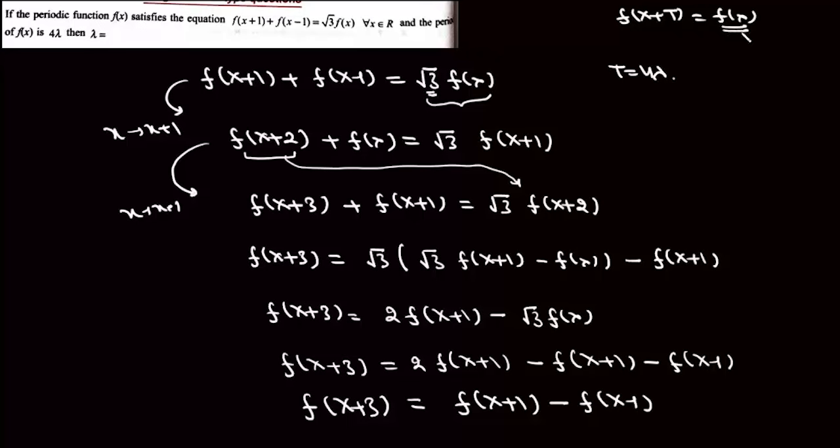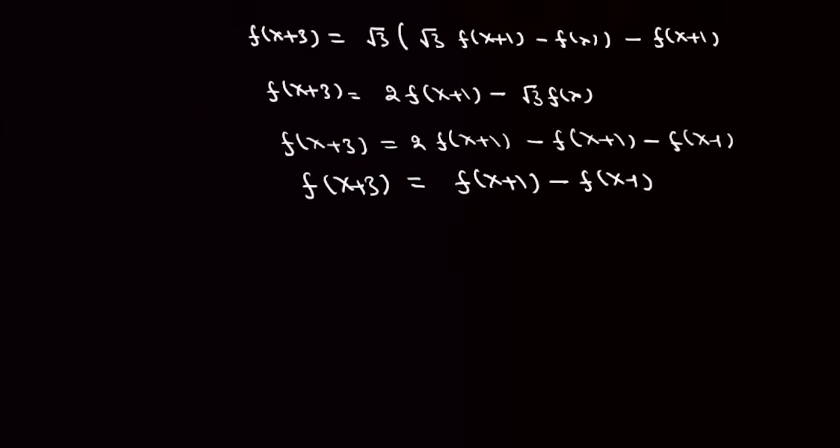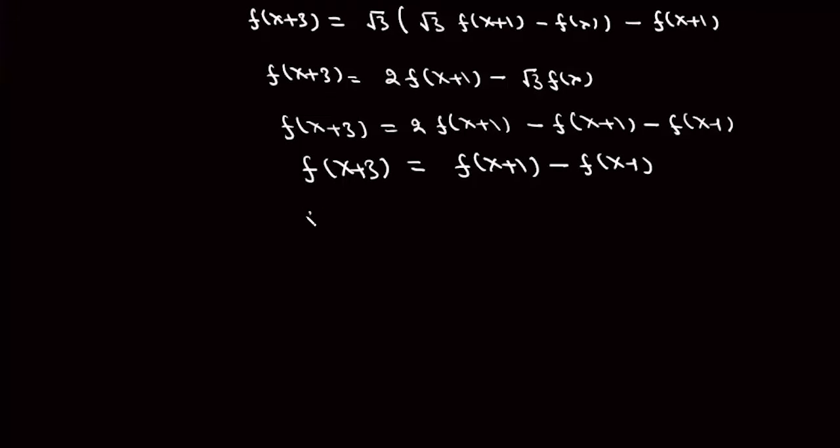Now clearly we need f(x), so we'll replace x with x+1. So it will be this f(x+4), it is f(x+2) minus f(x). Now we'll try and cancel x+2 and x+4.